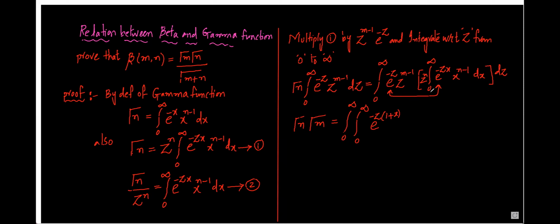And when these two z powers are added, it becomes z to the power of m plus n minus 1, and x to the power of n minus 1 is left as it is, and dx also as it is, and dz also as it is.